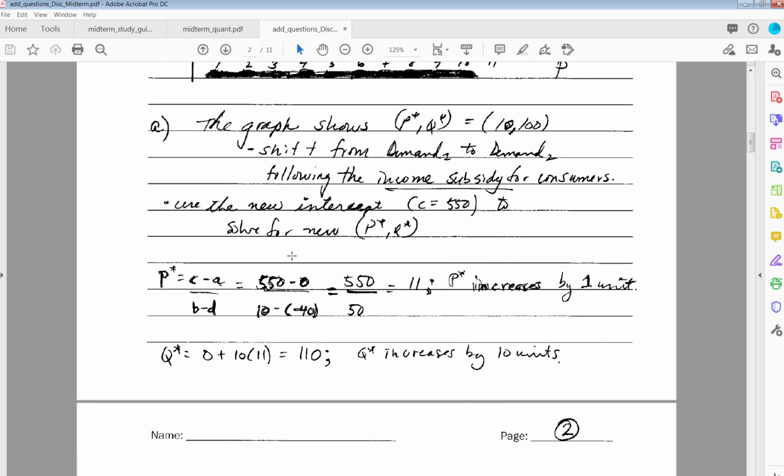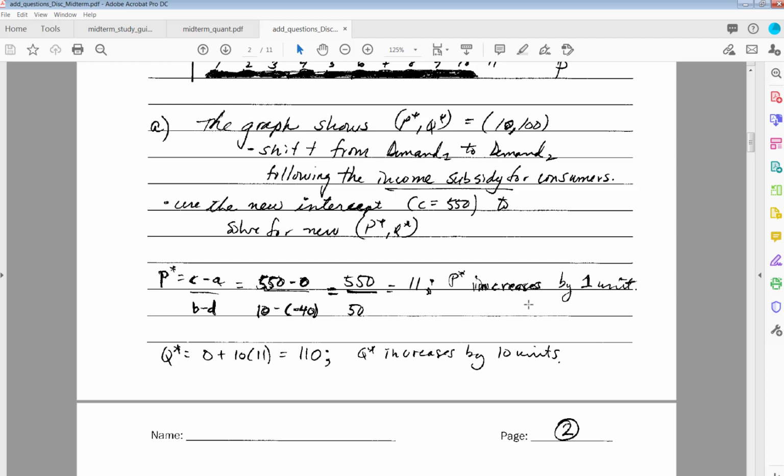I do encourage you to do both the algebra to get the numerical result, and then to write a short explanation. Don't just say 11 and 110, but write in words. Do the communication step. The price increases by 1 unit, because this is about the effect, right?